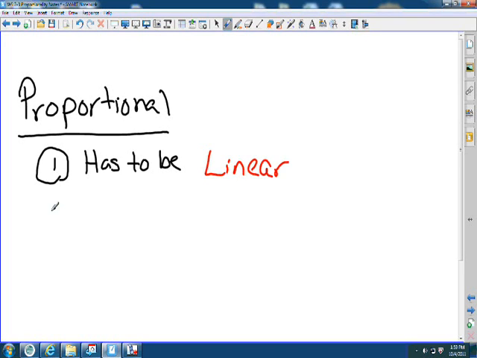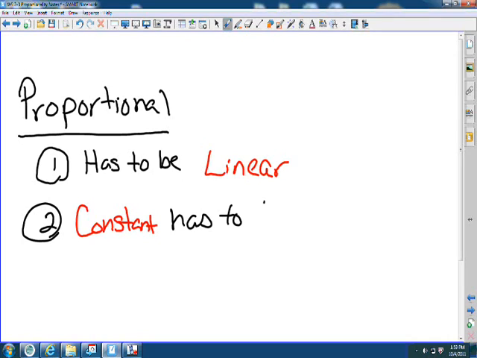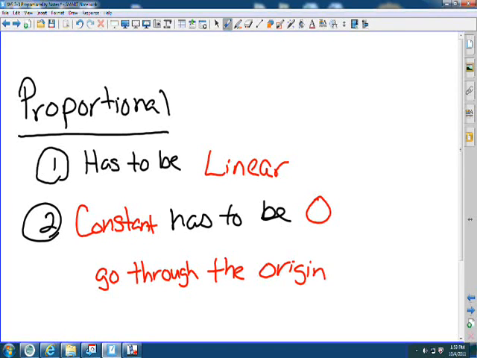Then the next thing that it has to have is the constant has to be 0. So it must go through, on a graph, it must go through the origin, which is 0, 0.